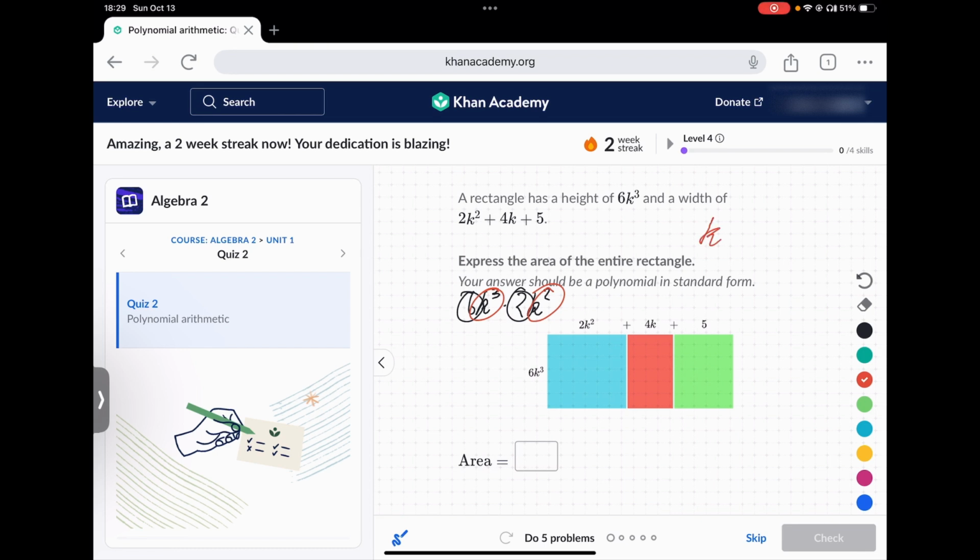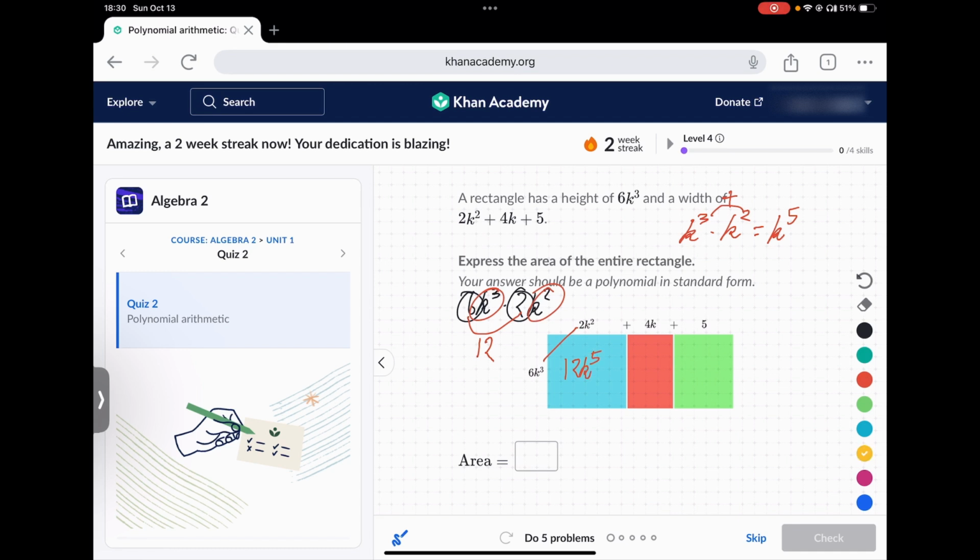So in this case, k squared times k cubed, all you gotta do is just add those two up. So it's gonna be k to the power of 5. And you have that 6 and 2 coefficient, and it's gonna multiply and get a 12. So this area will be equal to 12k to the power of 5.